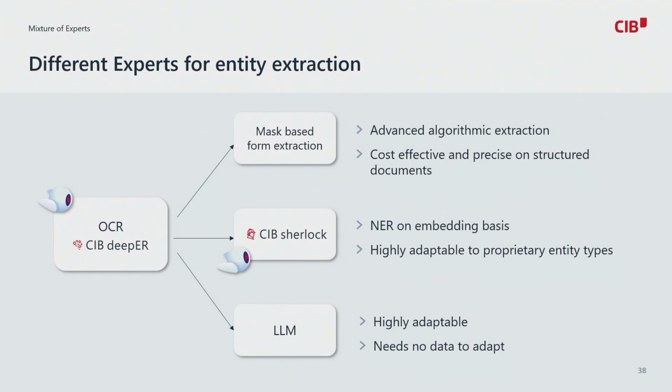And there we have three major pillars, basically. The one is mask-based form extraction. And you can think about it this way. If a document has very static types of entities and inputs that don't change in position, no kind of LLM will ever beat you just knowing the position where usually the name of somebody is.